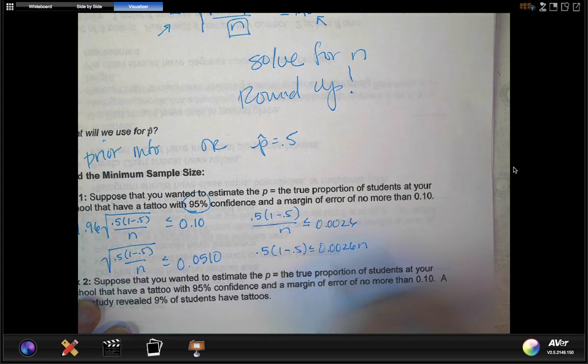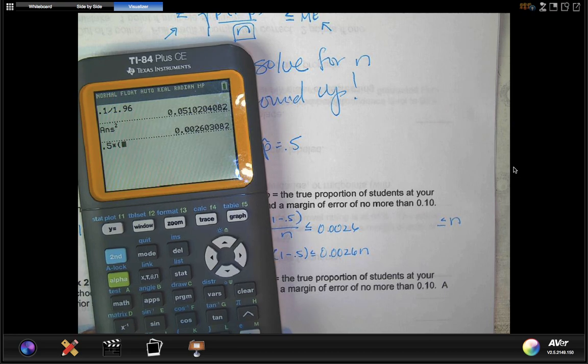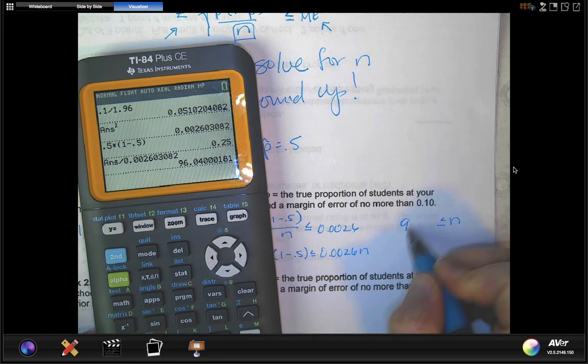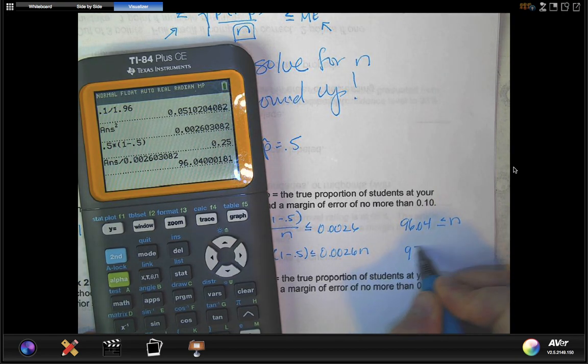Then I can get n over here, and I can take this 0.5 times 1 minus 0.5, divided by this answer up here, and I get 96.04. I know it is 0.04, but I told you, round up. We need to talk to 97 kids, okay?